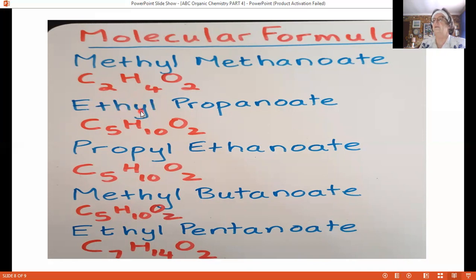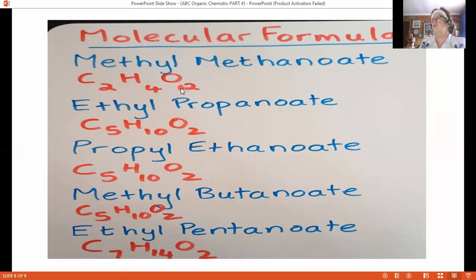C4 will then be H8. C5 is H10, so you can write C5H10. Now C6 will be H12 and C7 is H14. And obviously the O2s must not be left out.